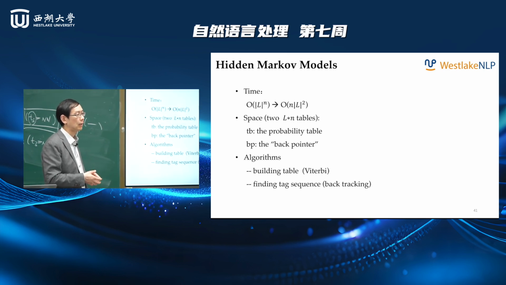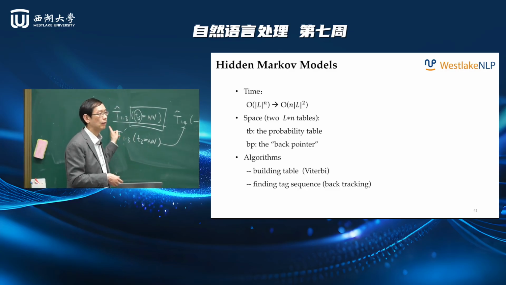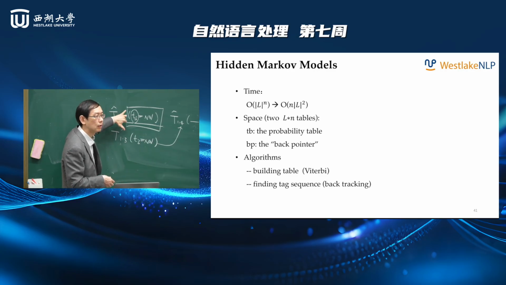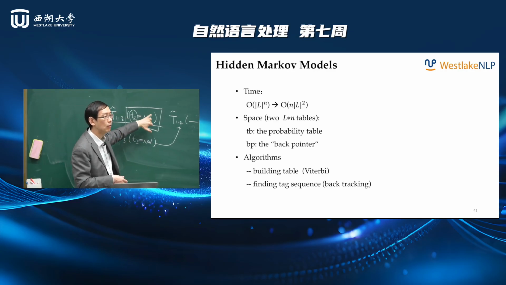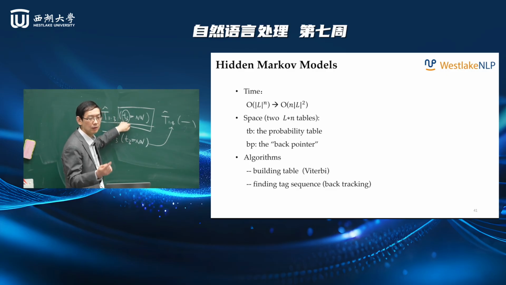That's the dynamic program. The dynamic program builds two tables with n columns and L rows. When we build every row, we need to enumerate the previous L cells, so it's n times L times L. So the complexity is polynomial.